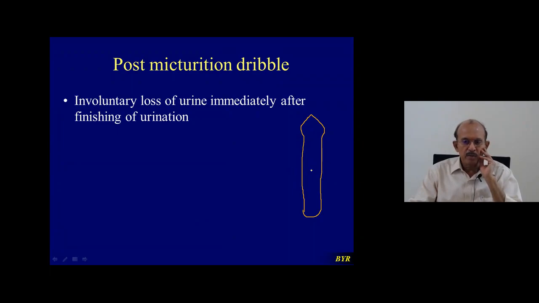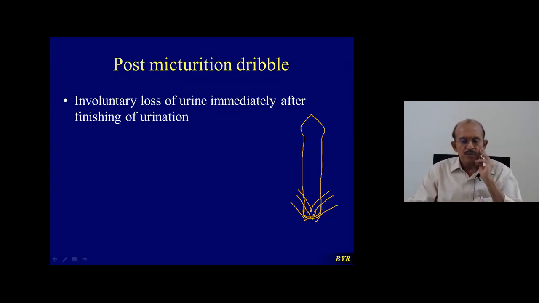Up to this will be hidden under the scrotum. This particular part is slightly dilated at its proximal end. This is called the bulb of the urethra. So this is covered by a muscle on either side. This muscle is called the bulbocavernous muscle. It arises from the ischial ramus and is inserted into the median raphe. So it surrounds the bulb of the urethra.